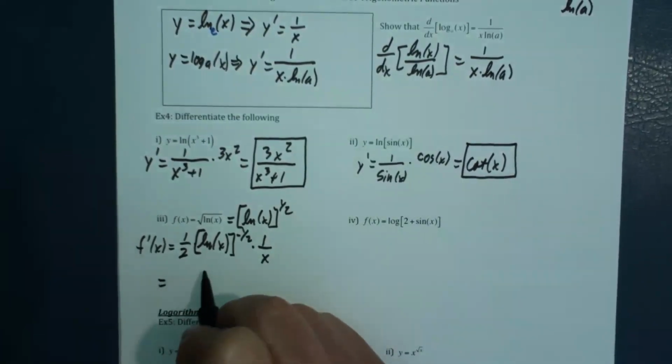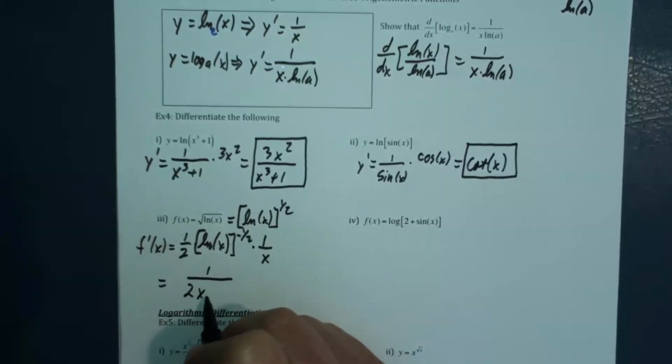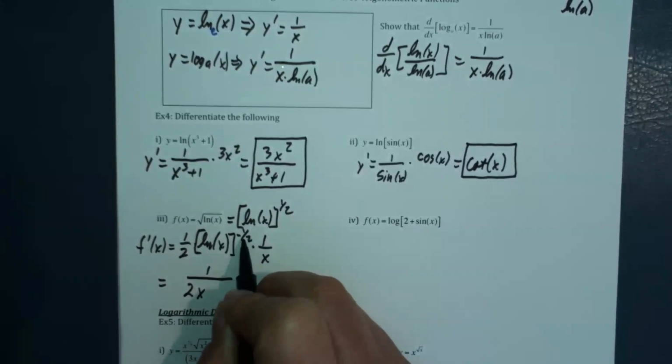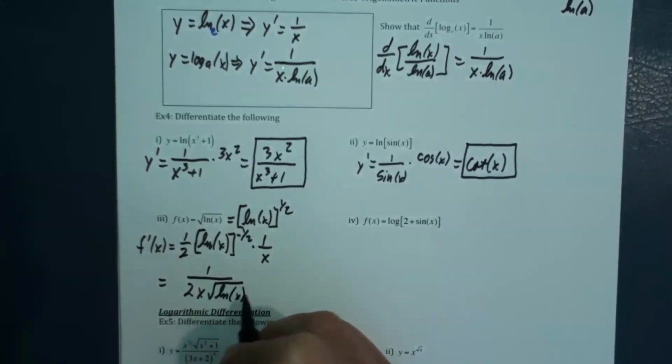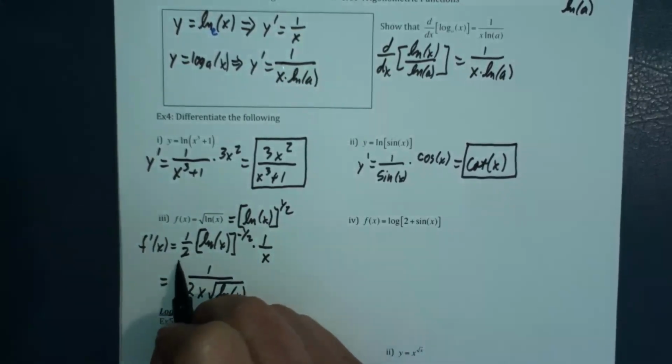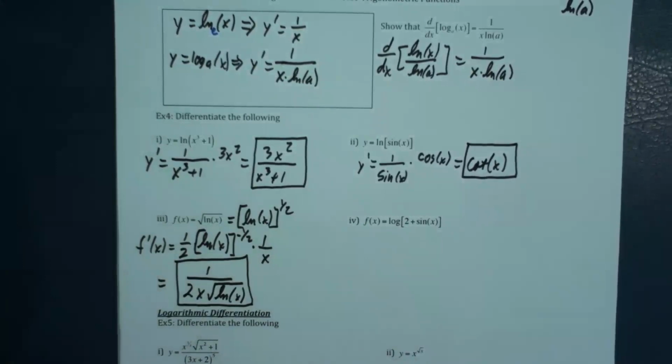So this whole thing becomes 1 over 2x ln of x to the 1/2. So I'm just going to put square root the ln of x. Not too crazy. A little, but not too much.